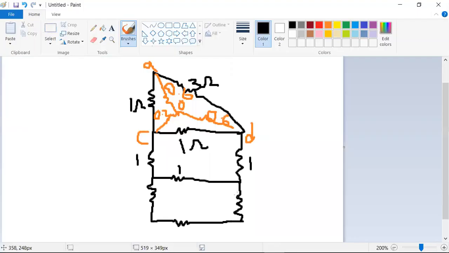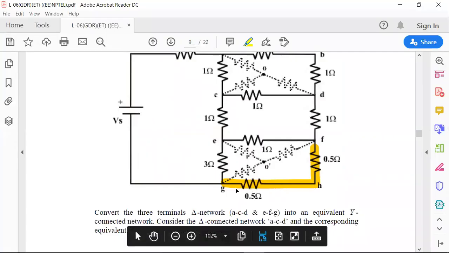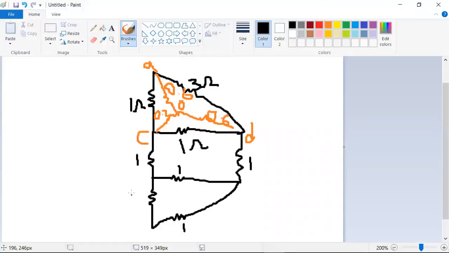This is 1, so instead of writing that, you can write this. Adding those values gives 1 ohm. 0.5 and 0.5 are both in series, so that is the reason I'm writing 1 ohm. This is 3 ohms. Hope it is clear.